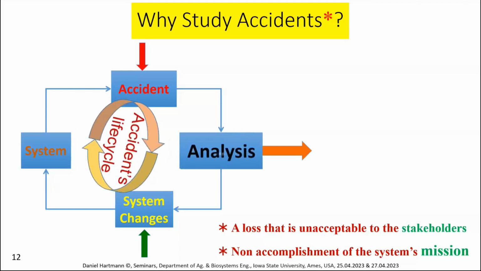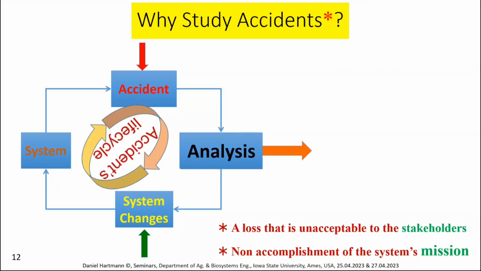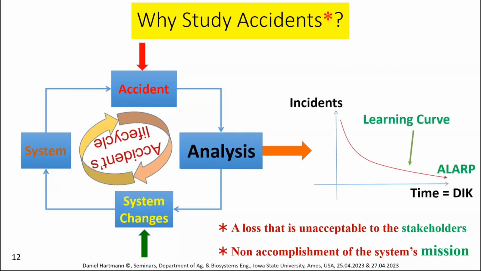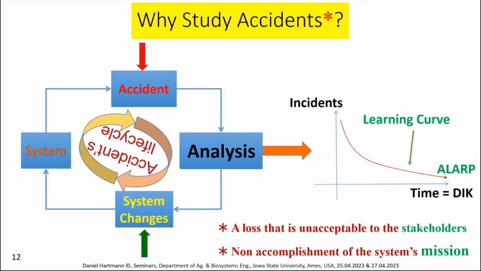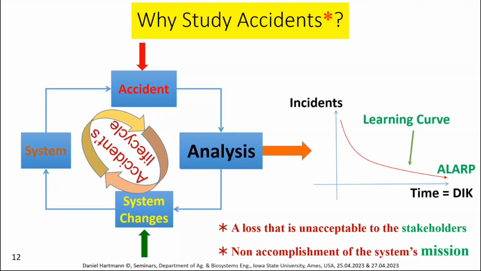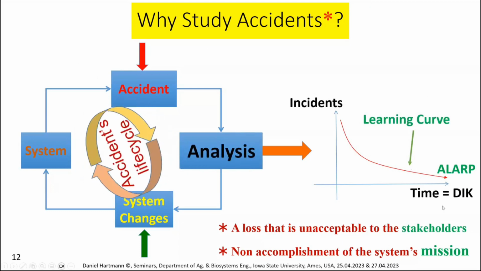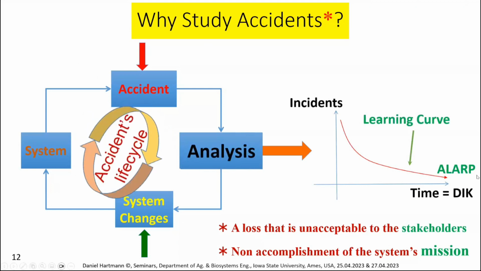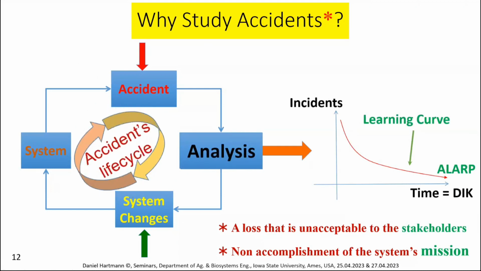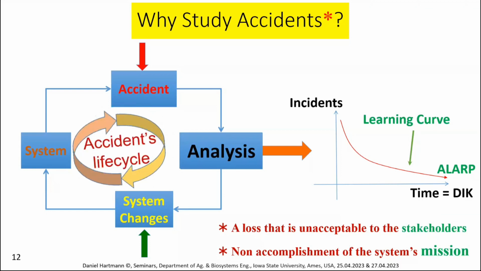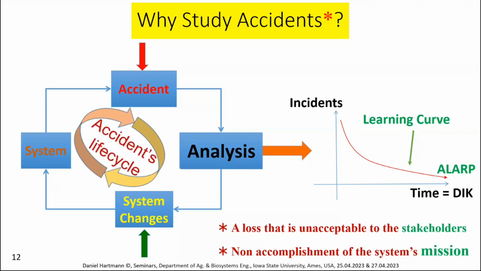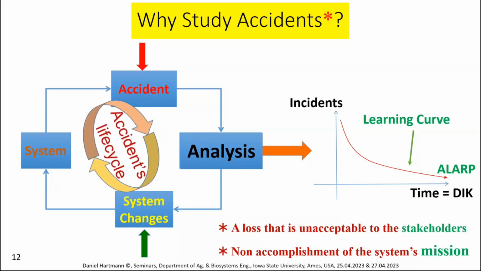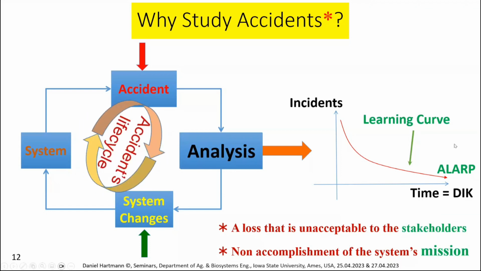We want to analyze the accidents, and if we do that, after a while we increase the data, the information, and the knowledge, and we will see a learning curve where the number of incidents or accidents slowly goes down, until a point where the system is almost perfect, but there will always be some accidents. So we have to analyze and understand our accidents if we want safer systems.